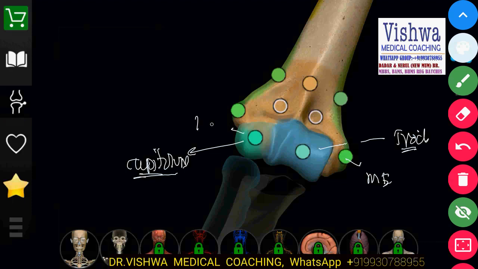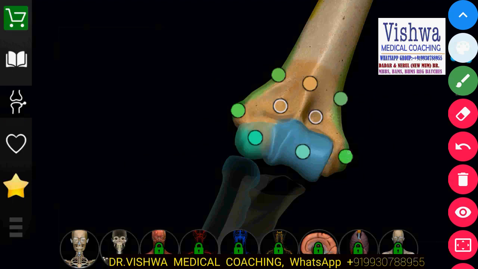This is the lateral epicondyle. This is the lateral supracondylar ridge, medial supracondylar ridge. So the opposite one, sorry, this is the medial, this is the lateral. So same thing what we have seen in the posterior side.